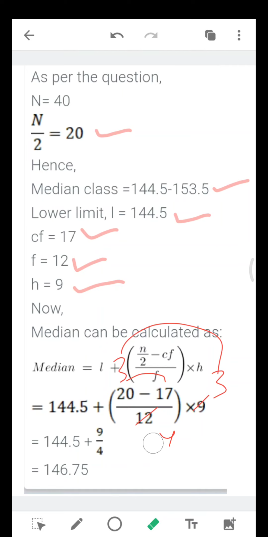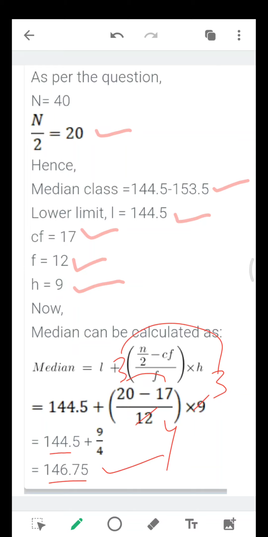Carefully you have to simplify it. Divide 9 by 4 first, then add it to 144.5, so you'll get 146.75. This is the way we find the median.